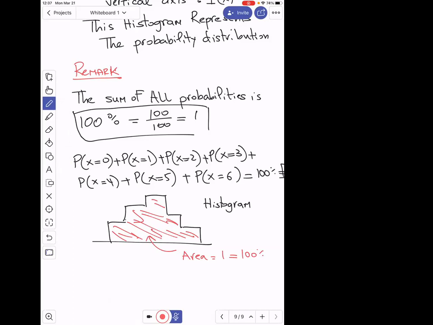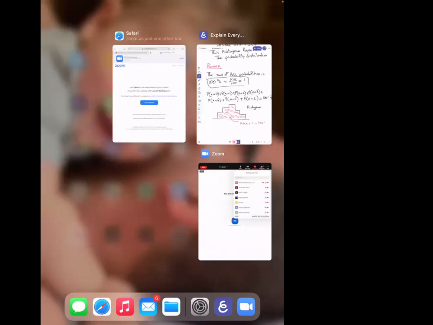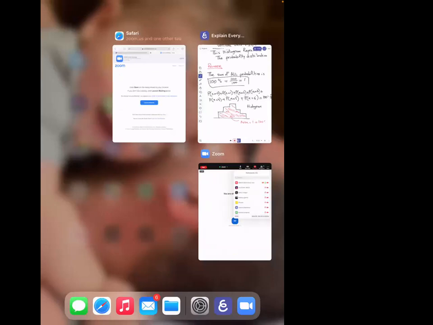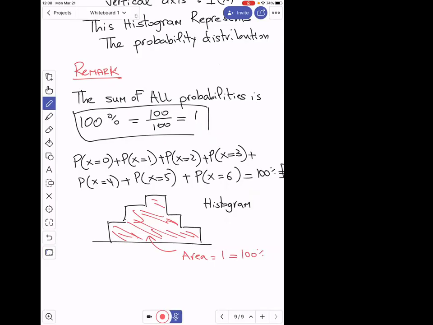Okay, so we can probably do an exercise, or let me see if there are any questions. Okay, no questions. Okay, cool. All right, so now we're going to have an exercise, and then after that, we're going to compute the mean, the average, and the standard deviation of a probability distribution.